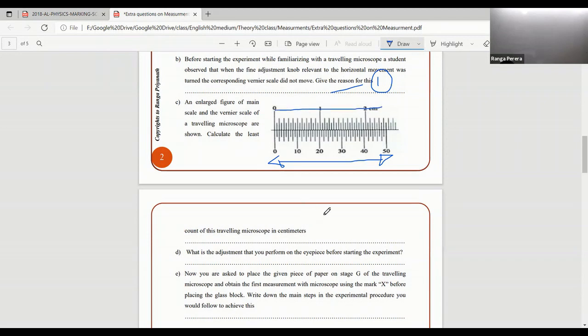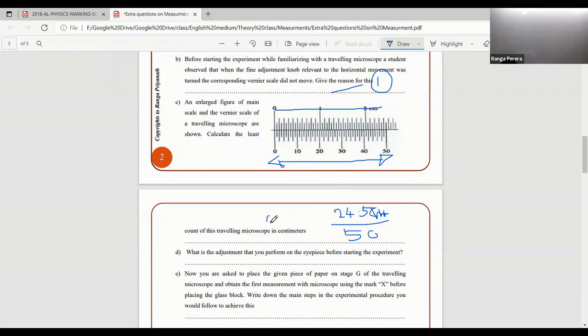What is that distance? It is something like 24.5 centimeter. Sorry, millimeter. It is 24.5 millimeter. You can divide by 50 to find the length of a vernier scale division.